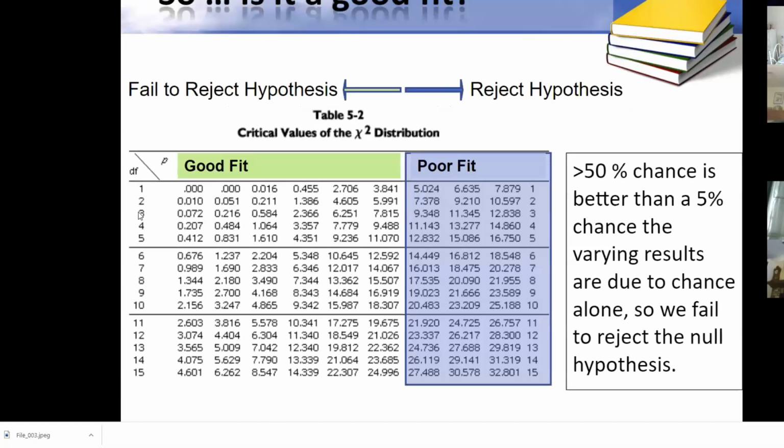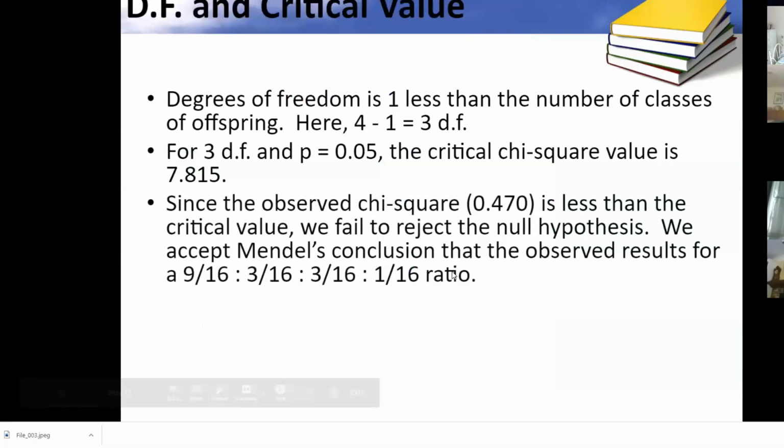Okay, so I have a degree of freedom of 3, and here's my 0.05, 7.815. That was the number to beat. 0.4-whatever that was, very low number, right? So it's over here somewhere. So 0.470 is less than that, so we fail to reject the null hypothesis.